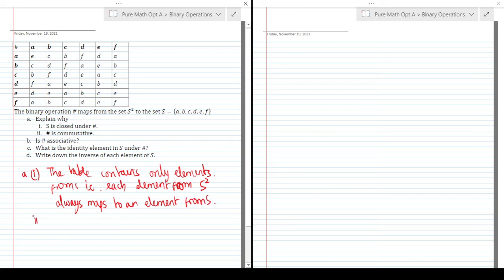So part 2, they want you to explain why it is commutative, right? Now remember, commutative is about every time you do X star Y, you get the same thing when you do Y star X for all possible ordered pairs in the set.